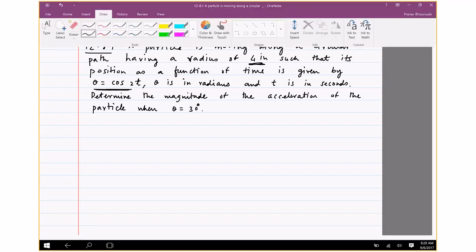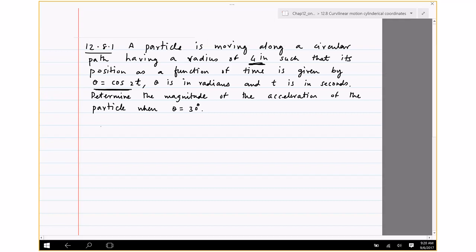So in this question we are asked to find acceleration. In fact, we want to find the magnitude when we're given that r is 4 and it's a constant. It's a constant because this particle is moving along a circle, right?